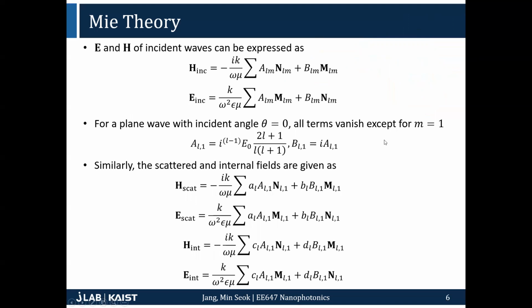Okay, so here's an even more complicated equation. But what I wanted to say was that the electric field and magnetic field of the incident wave can be expressed as a linear combination of the N function and the M function, right? And L and M are defined previously.